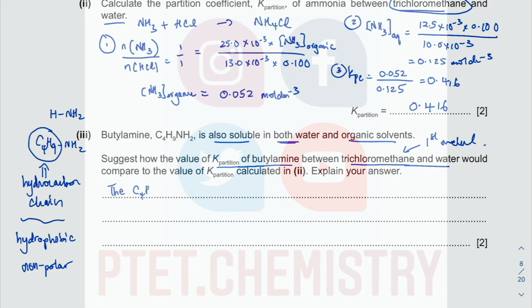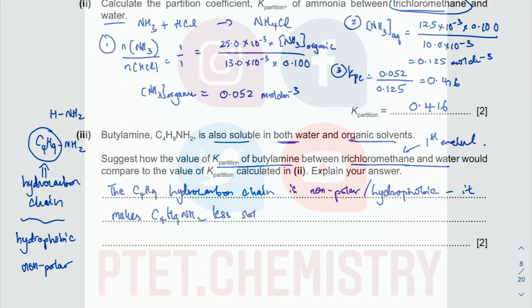The C4H9 hydrocarbon chain is non-polar or hydrophobic. It makes C4H9NH2 less soluble in water and more soluble in organic solvent, because you can interact via van der Waals with the organic solvent, such as the CHCl3.